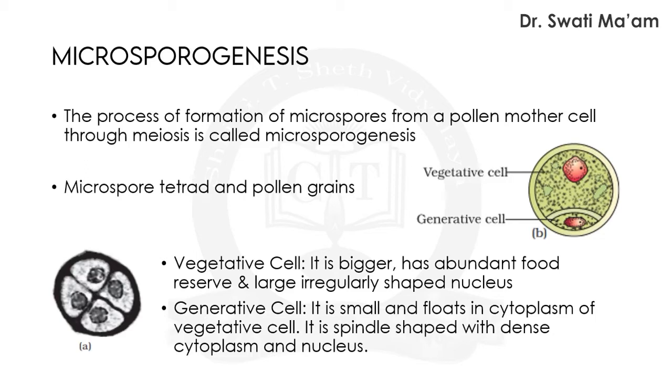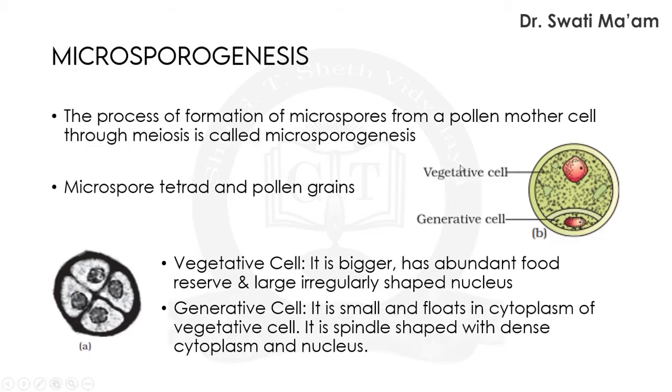Actually, this is the enlarged view of the pollen grain tetrad, and part B shows the microspore maturing into a pollen grain. In the pollen tetrad, each cell will develop into a pollen. Now if we see the developed matured pollen, you are able to see two parts, the vegetative cell and the generative cell.